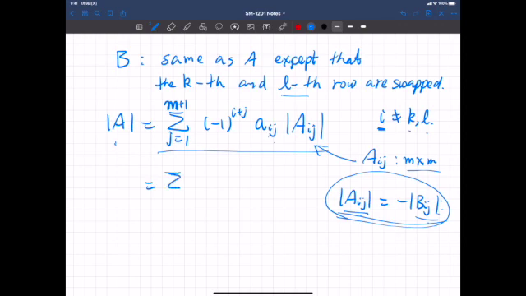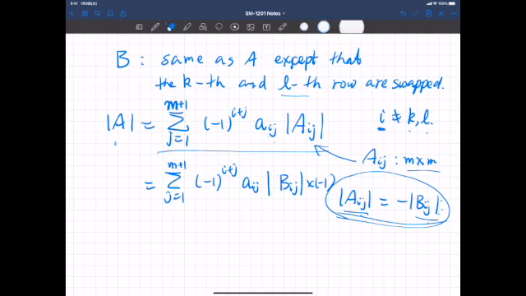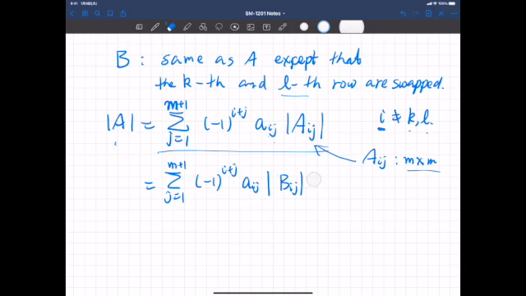Therefore, this is equal to the sum of negative 1 to the I plus j, a_ij, and B_ij times negative 1. Sorry, times negative 1.